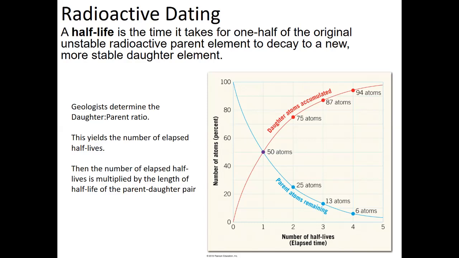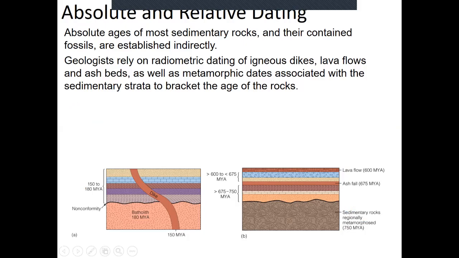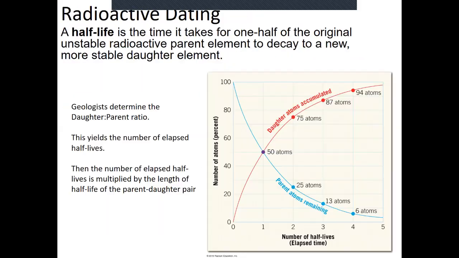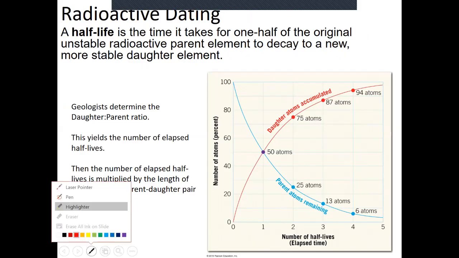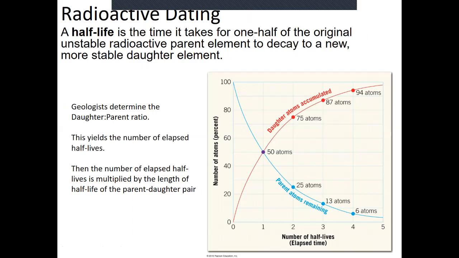But what happens is, after each half-life, which is a certain period of time that's specific for each radioactive parent and stable daughter, so here we see in this graph, the number of half-lives is on the x-axis, and this is the number of atoms present.